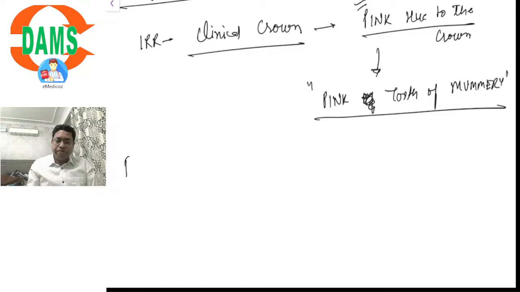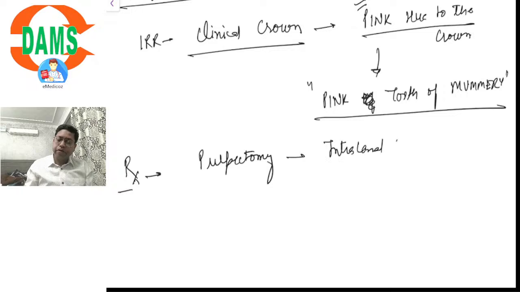Now we talk about treatment or management of internal root resorption. Internal root resorption definitely requires removal of the inflammatory necrotic pulp. So pulpectomy is done first, then intracanal medicament with calcium hydroxide is done.